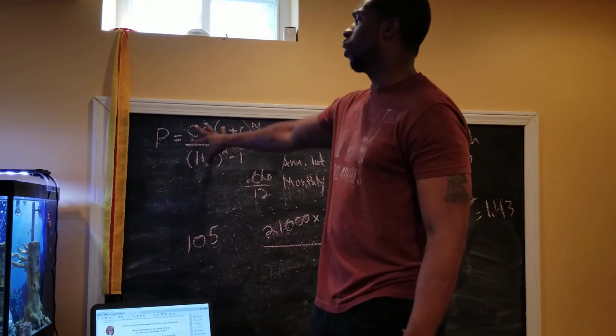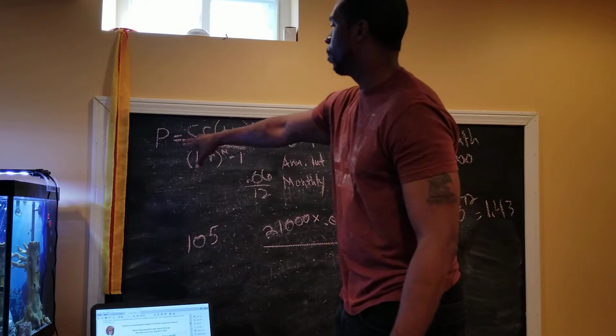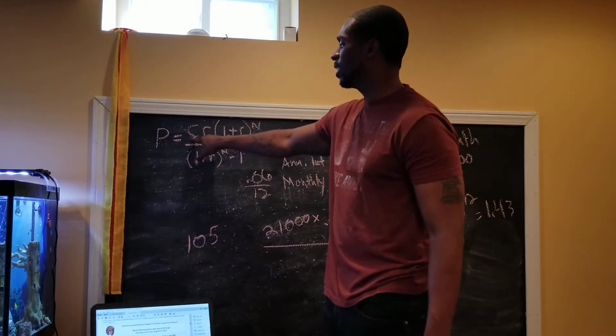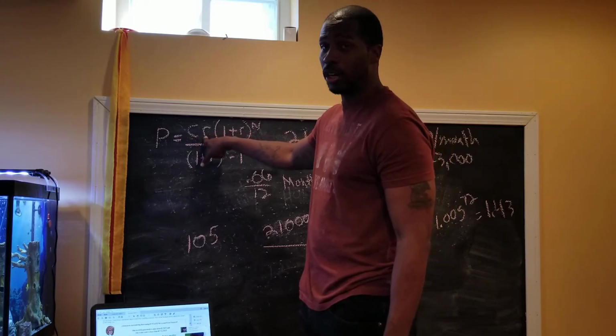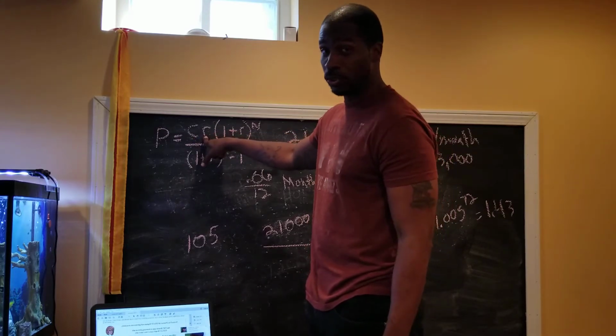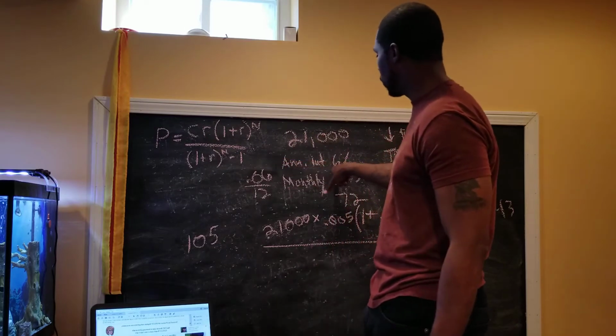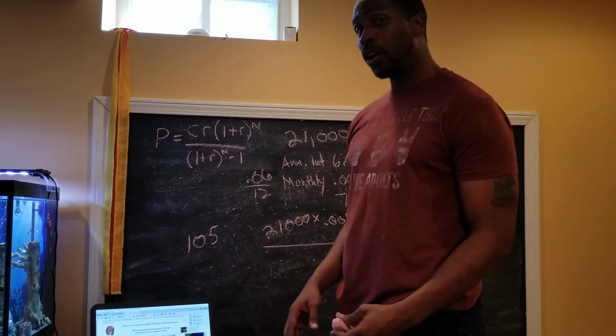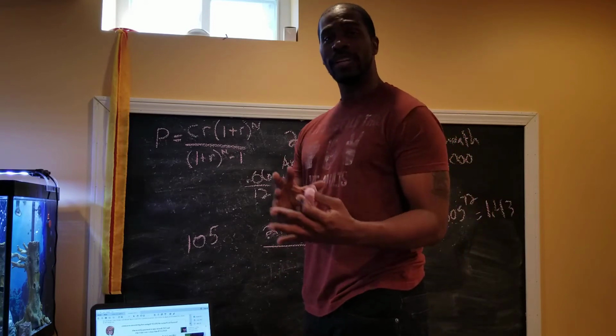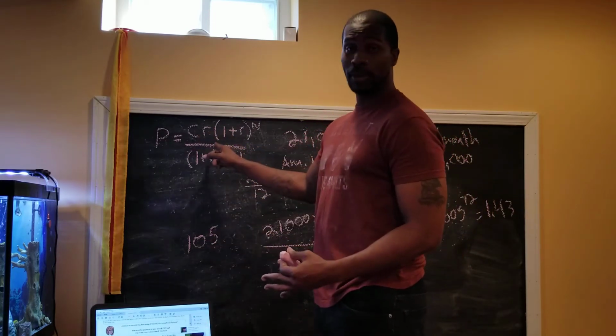Now, our formula right up here to the left. Payment equals C, which is the cost of the vehicle, times R, which is the monthly interest rate, not the annual, but the monthly, right? Anytime you have a number next to a variable or a variable next to a variable, you multiply, right?